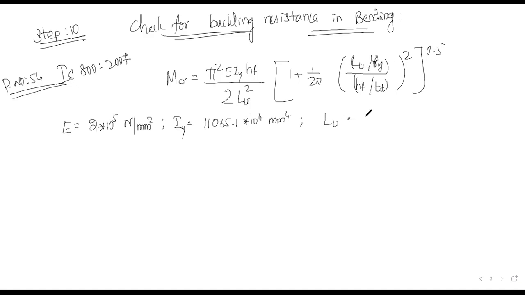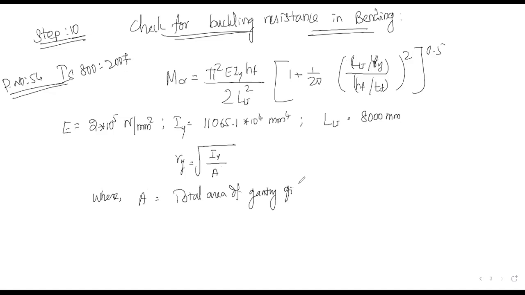The effective length of a simply supported beam is our beam span, so 8,000 mm. Then ry we need. So ry is the square root of Iy by A, where area is the total area of the section, the total area of the gantry girder, which is the area of the channel section plus the area of the I section.